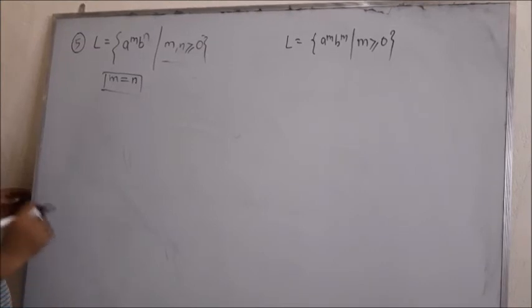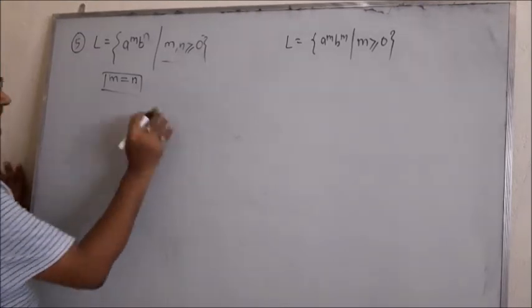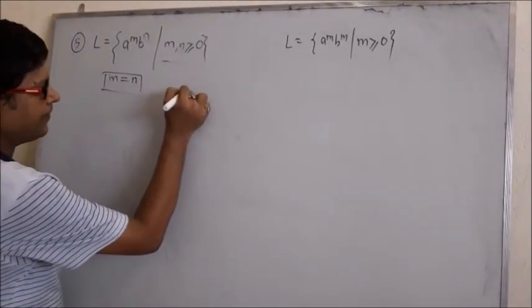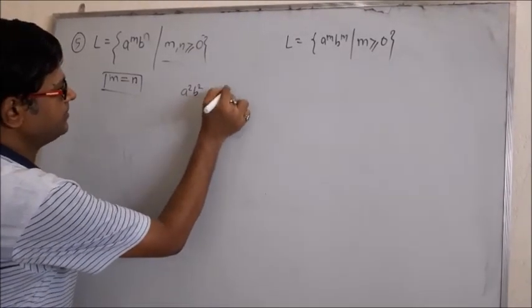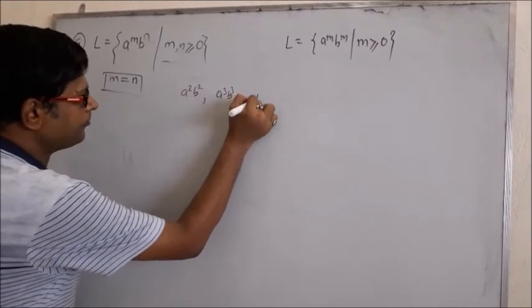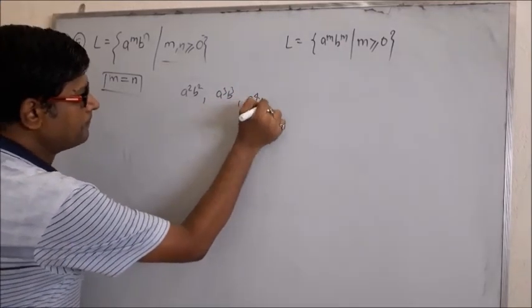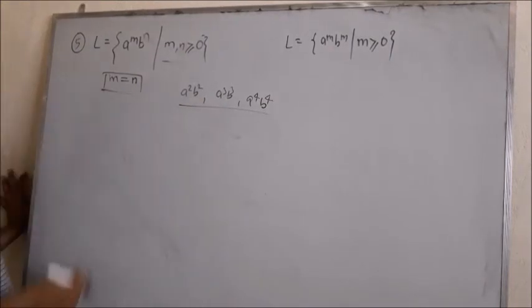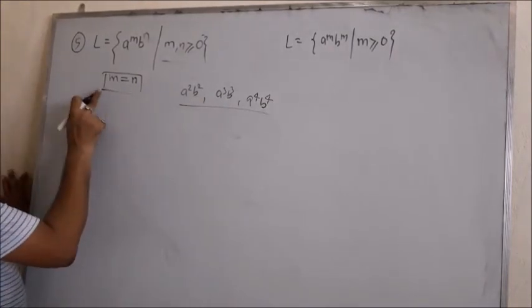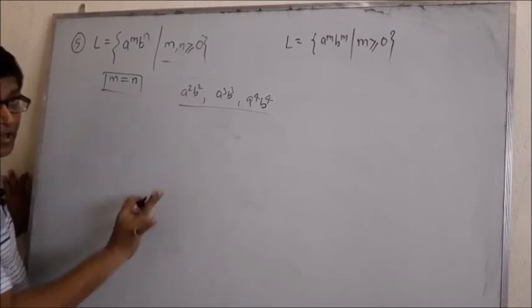Why is it? Because sometimes we can get A raised to power 2, B raised to power 2, or A raised to power 3, B raised to power 3, or A raised to power 4, B raised to power 4. But it is not mandatory. It is not mandatory that the number of M must be equal to the number of N. It may be or may not be.